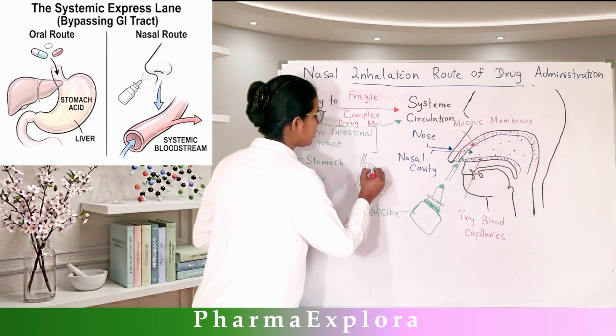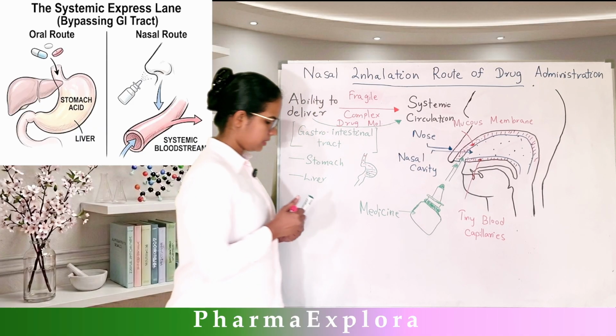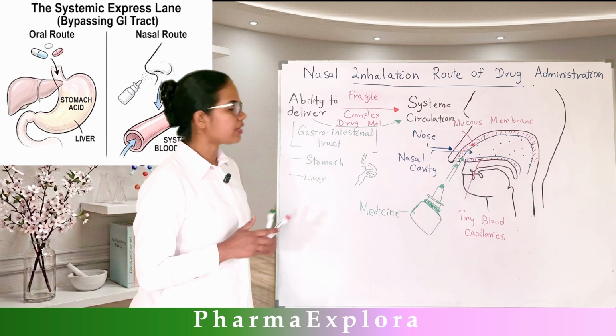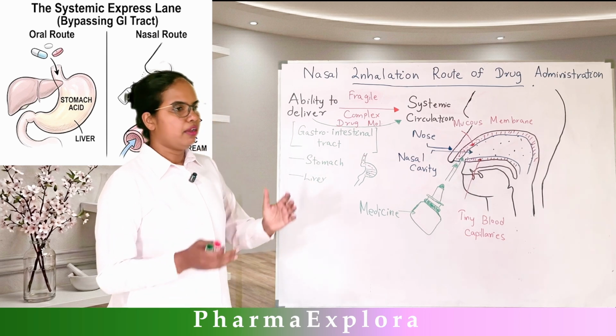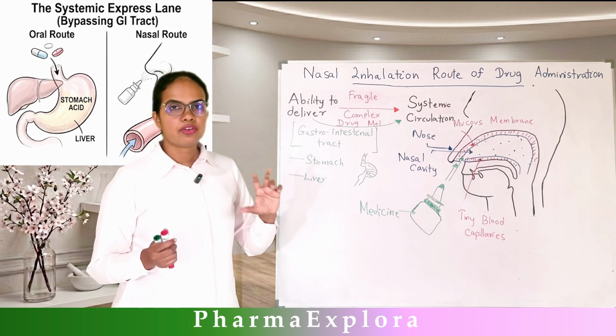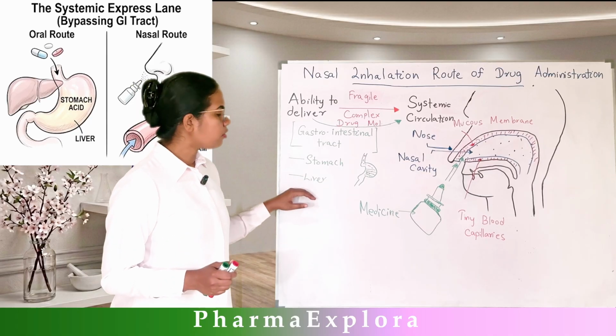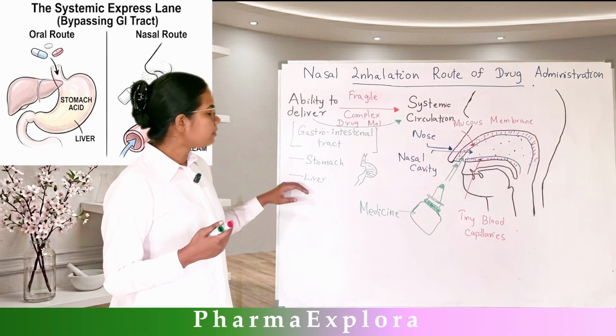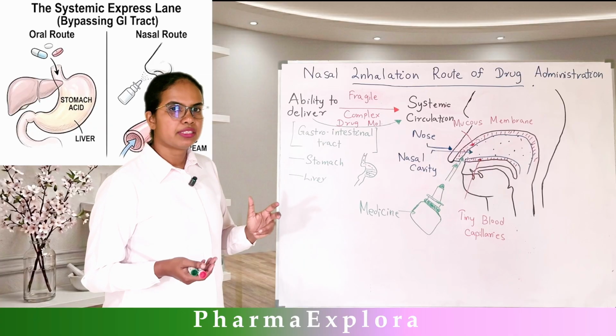Once our drug molecule goes to the stomach, what will happen? The digestive enzymes in our stomach will destroy our drug molecule. And if it goes to the liver, it will destroy this delicate medicine.